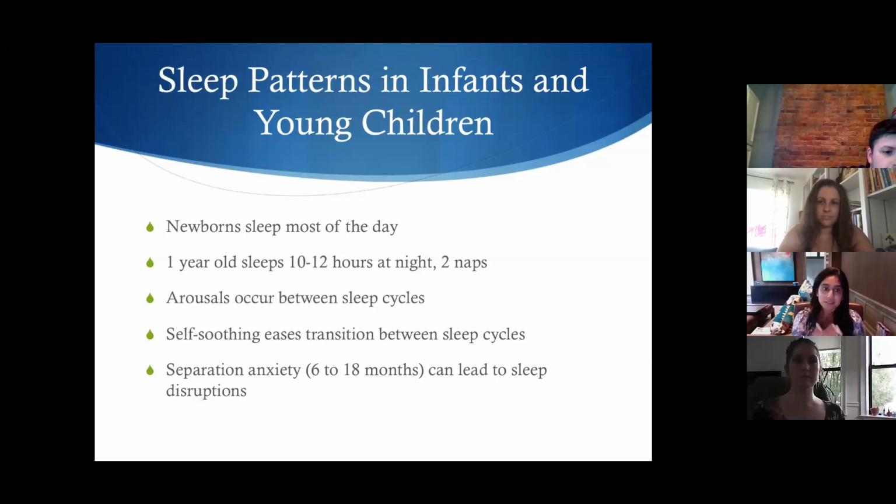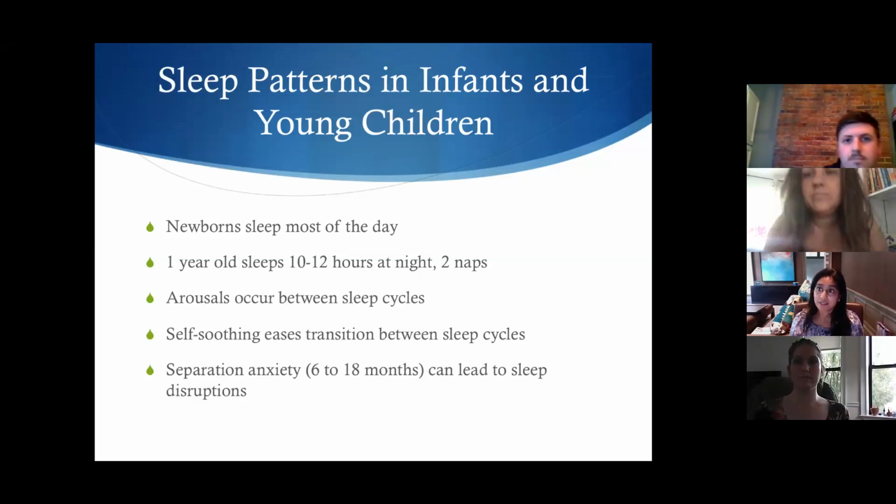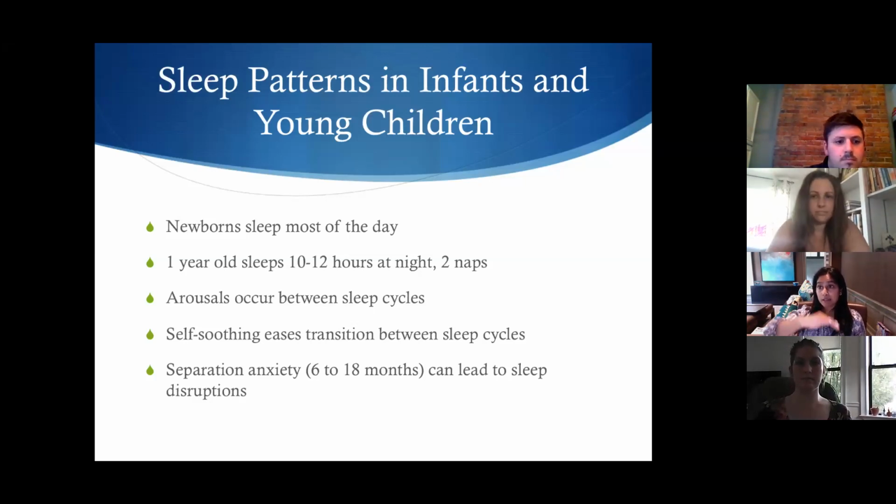And part of this is because this is what the child needs to develop, the ability to go into that aroused state in between their sleep cycles and then be able to figure out how to soothe themselves to just go back to sleep on their own. So if they don't have that skill, that can be really tough to get these kids into a pattern where they just go back to sleep themselves without needing comfort or food or some other kind of arousal.